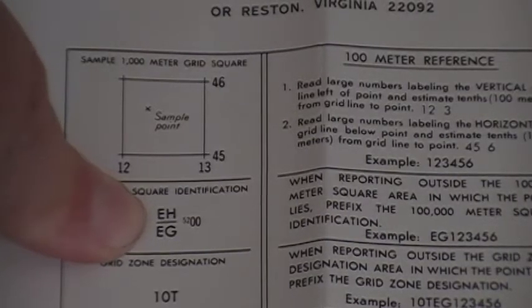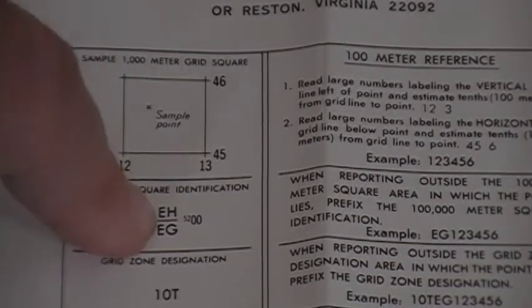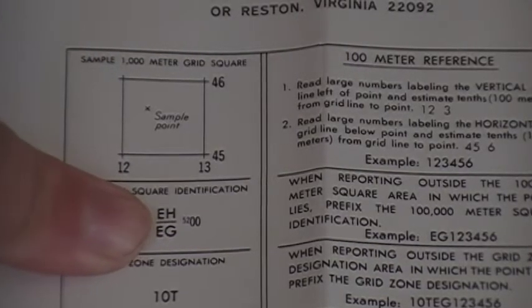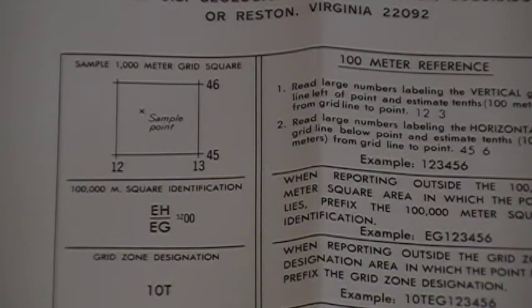Our grid square is 0593 and is located below the 00 grid line. So our coordinate to that 4-digit grid would be written as such: Echo Golf 0593.